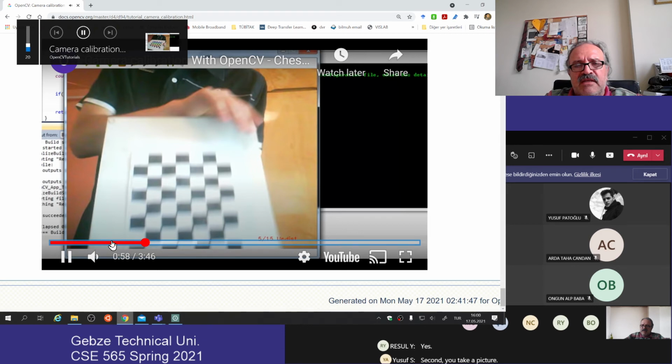Usually you take 10, 15, 20 images, and you try to put this plate at many positions in the image, so that I can get the distortion parameters, right? Okay, so this guy obtained it. So these are the parameters. Okay, these are the image points again.